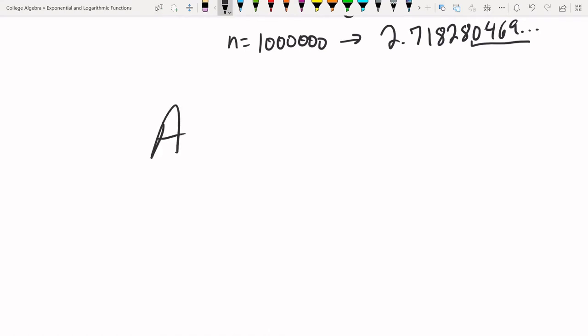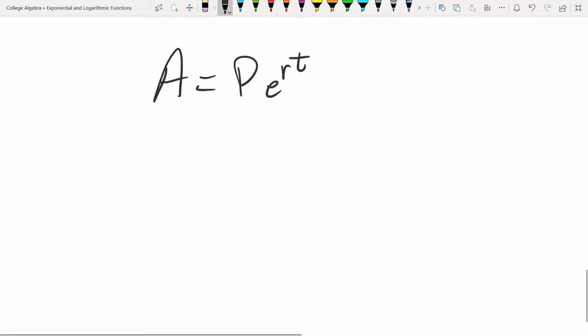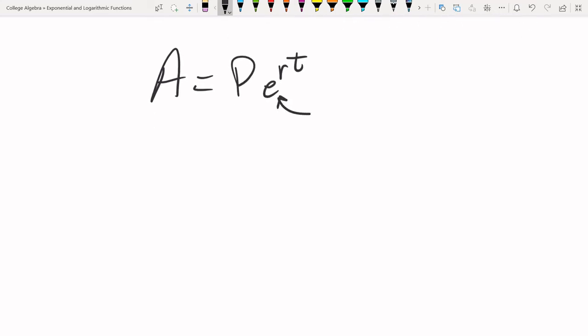And there's a formula for that. Very simple, and that's because it all relies on the power of E. So this models continuously compounding growth or decay. So you have, this is the amount after a certain period of time with a certain growth rate and a starting amount. This is the starting amount.